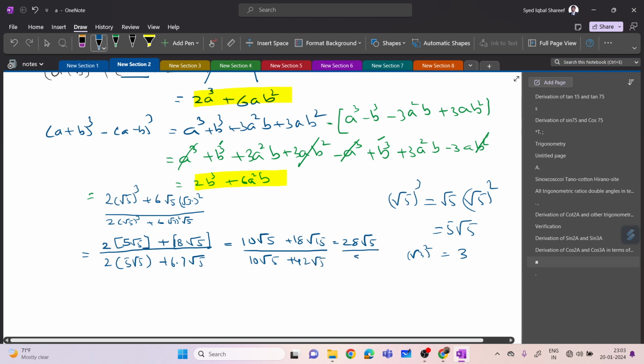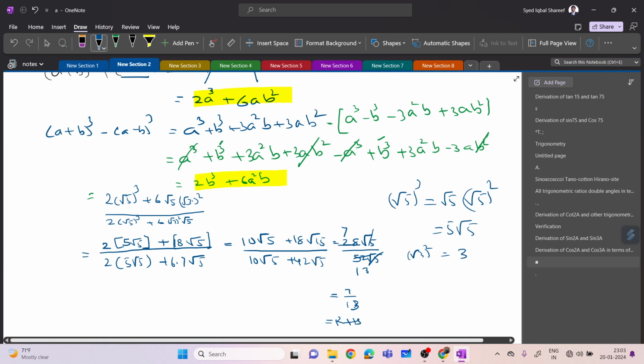So therefore how much? 52 root 5. Root 5 root 5 getting cancelled. 4 ones are 4, 4 threes are 4 sevens are 28. So 7 by 13, which is our right hand side.